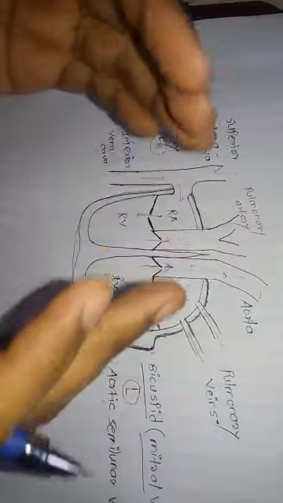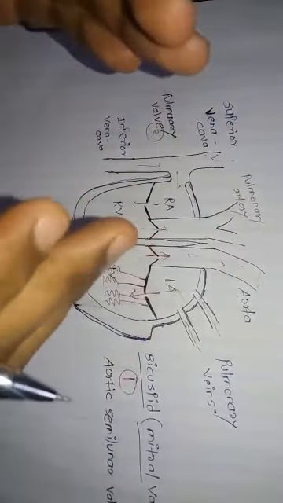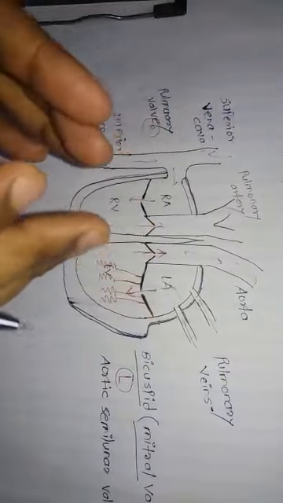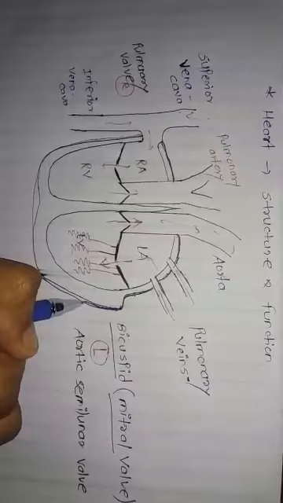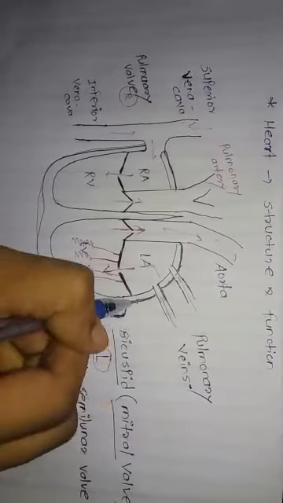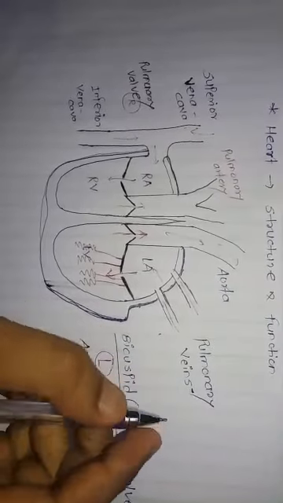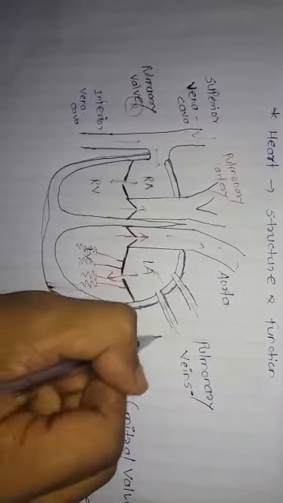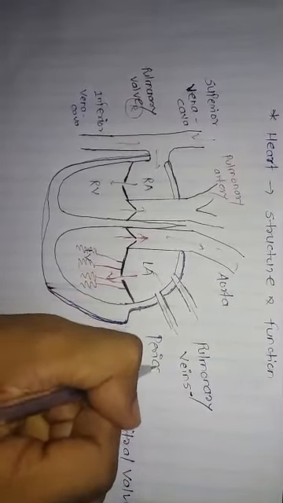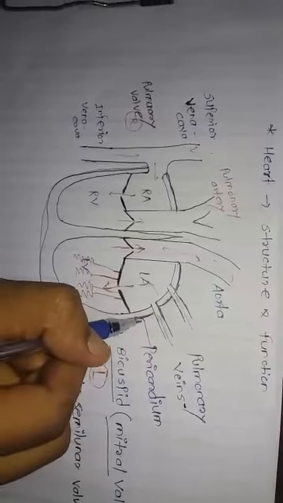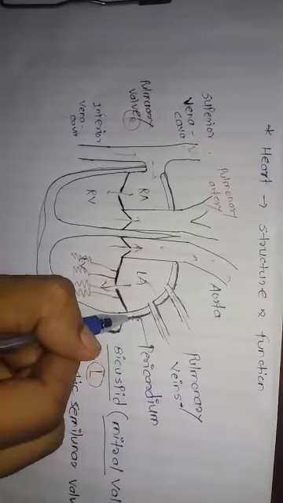The heart can expand to a particular limit, but it cannot overexpand. This is the outer fibrous layer called the pericardium, the outer fibrous connective tissue that protects the heart.